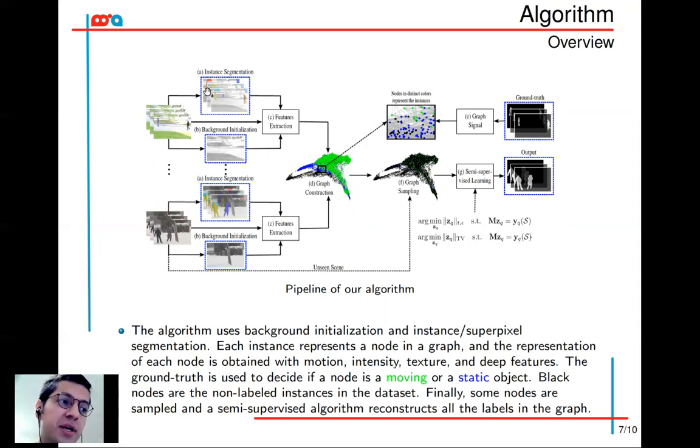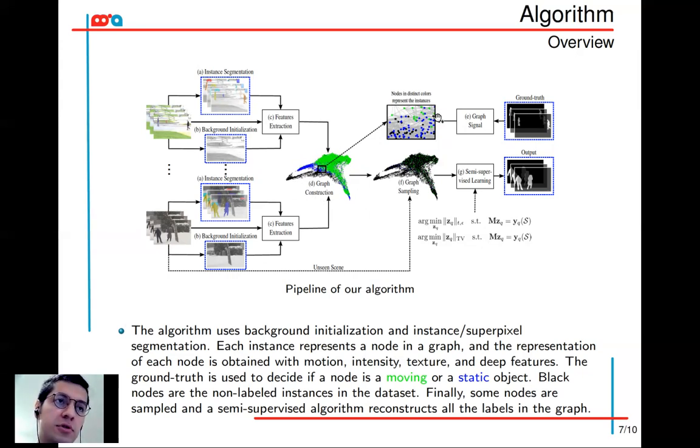From each of these instances, we extract some features. We also use the background initialization of the video, which in this case is a very basic one, the median filter. And we extract some features for each node. Now the nodes are going to be mapped to the graph using a KNN algorithm.